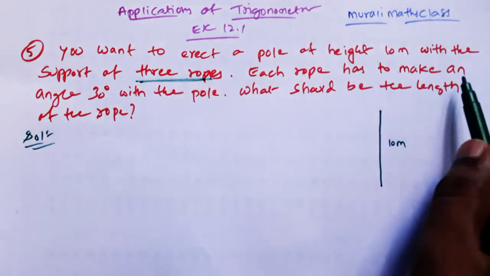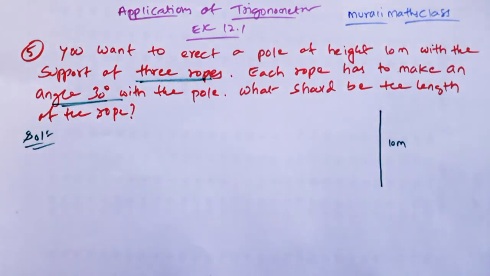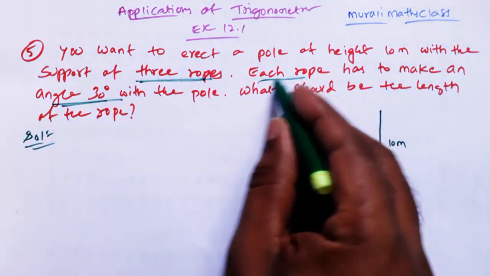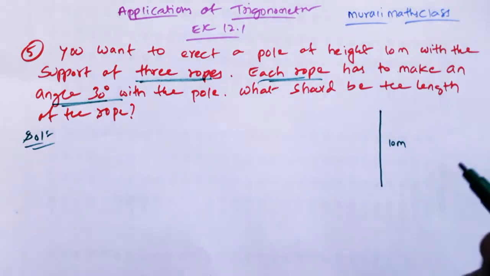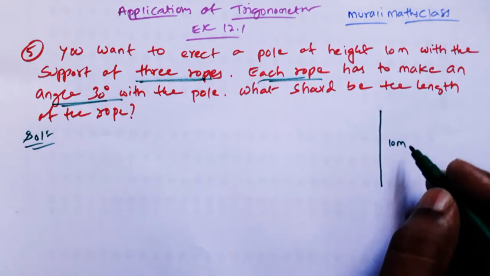Each rope has to make an angle 30 degrees. Three ropes no need to draw. Why? Because each rope is making the same angle. So without drawing three ropes, you can draw one rope, it is enough.